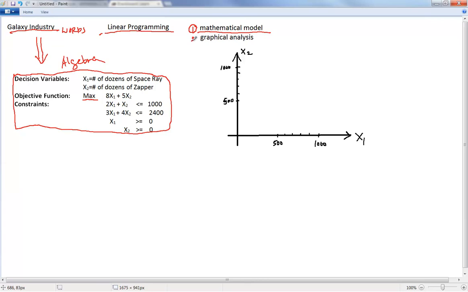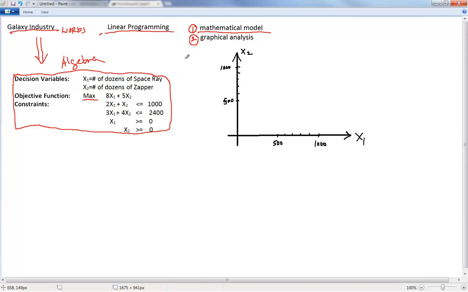Now the next step is we need to actually solve for x1 and x2, meaning to find out the particular values of dozens of space rays and dozens of zappers to produce so that we can maximize the profit, which requires the graphical analysis.